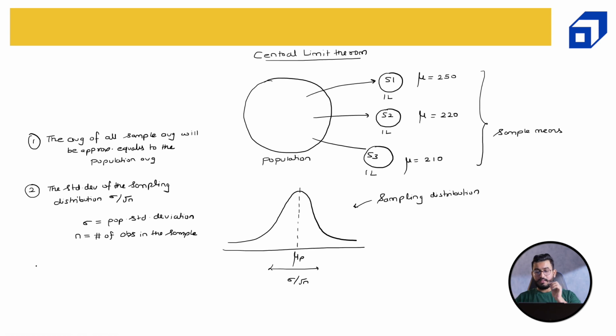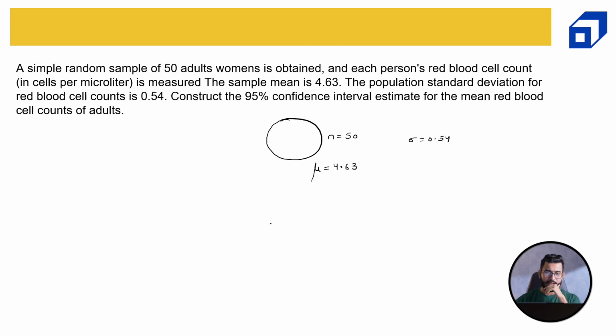This property is very important and very useful to estimate the population range. So I'm given n as 50, population standard deviation 0.54, and sample mean 4.63.